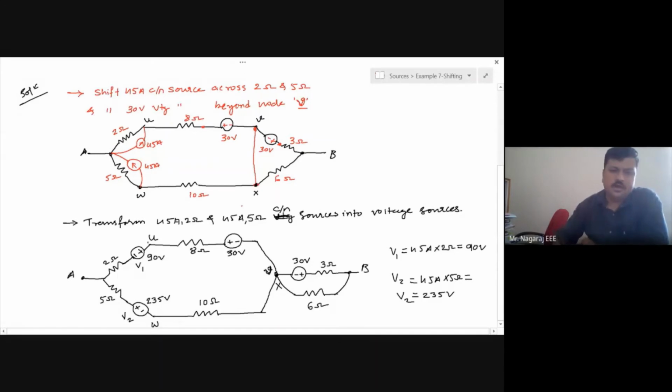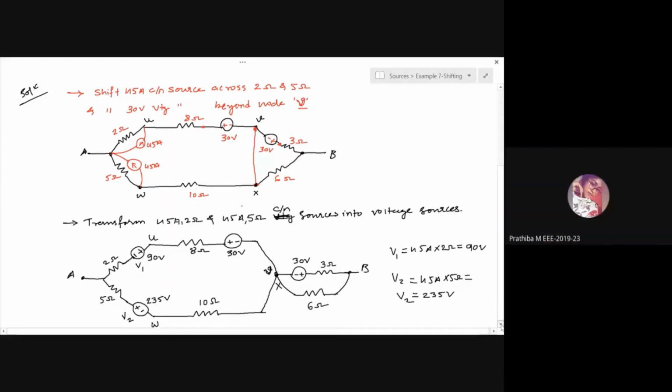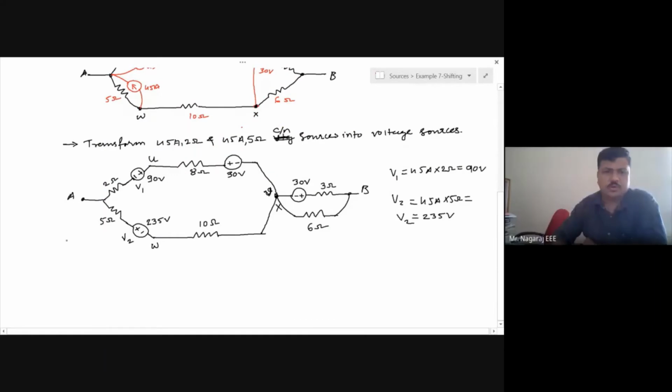Now observe, 90 volt and 30 volt are in series, 2 ohm and 8 ohm are in series, 5 ohm and 10 ohm are in series, but there is no other voltage source in series with 225 volts. So I can take the effective value here. Sorry, it's 180 plus 45, so 225. In a hurry, I make some mistakes.